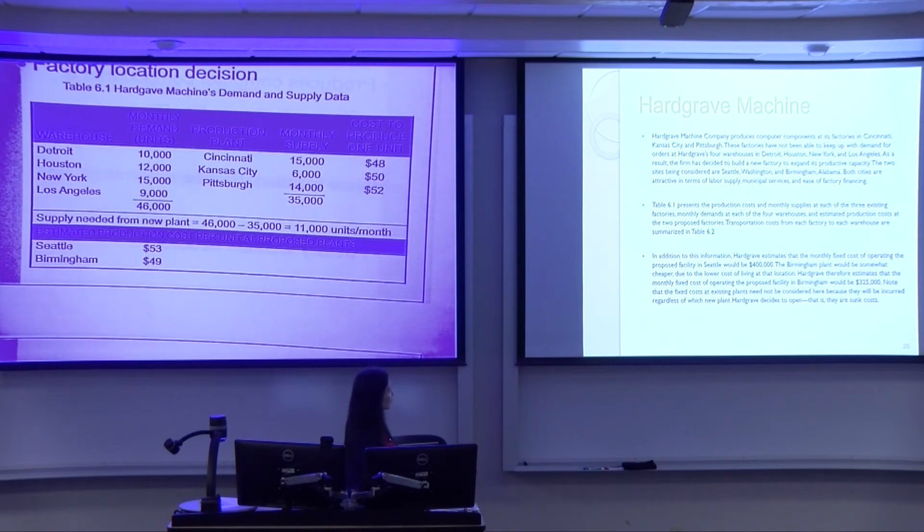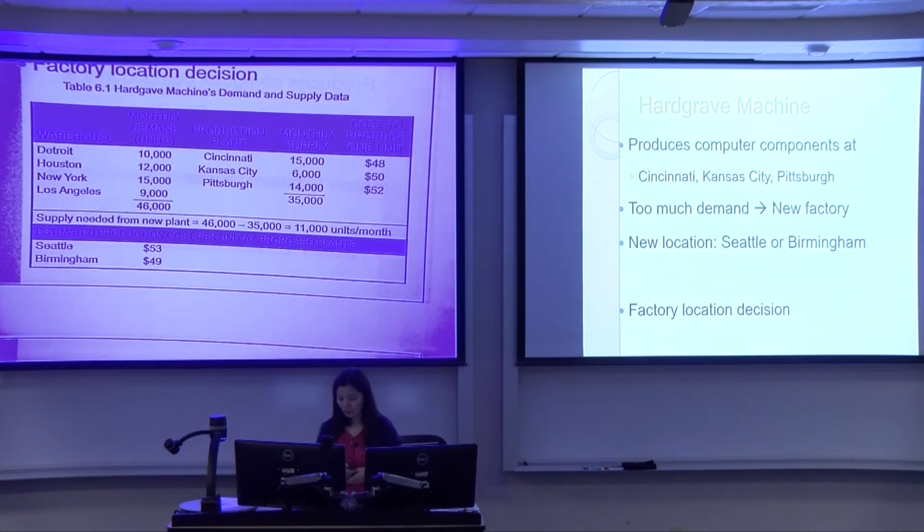So the fixed cost is different. What else is different? Because the locations are different, the transportation cost from this new facility to the client warehouses is different as well. So we need to say which one is a better choice, right?